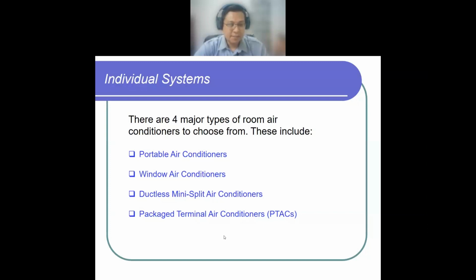And the package terminal air conditioner, this type is the biggest compared to the other individual systems.